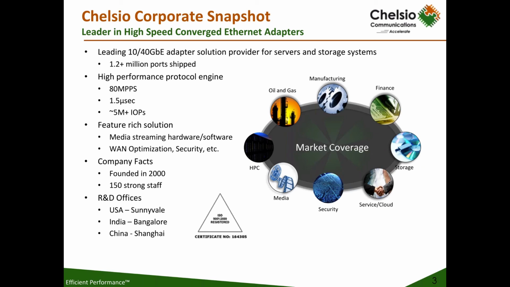Chelsio has shipped about 1.2 million ports since our inception. The adapters are for very high performance with high bandwidth and low latency. Chelsio's forte is offloading, which means that the Chelsio ASIC performs many of the functions involved in the network processing on the ASIC instead of on the CPU.